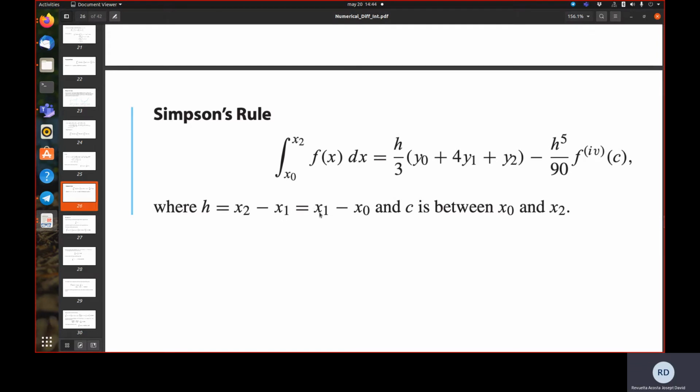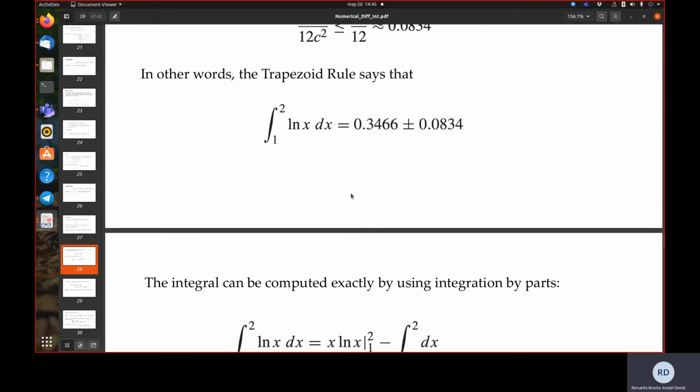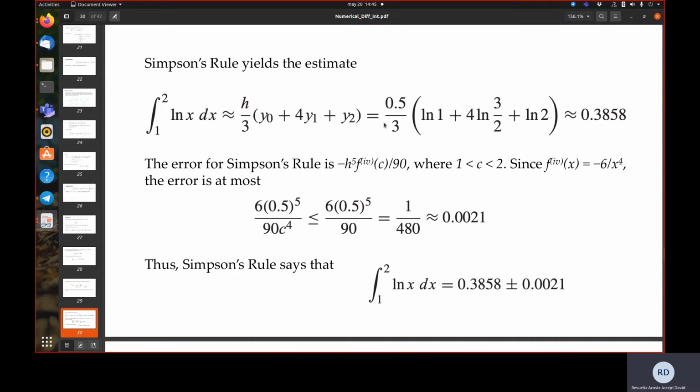And the same for this one: x1 minus x0, with x0 equal to 1, is 1.5 minus 1, which is 0.5. So we're just solving for the h value, so h for this second case is equal to 0.5. And then this is going to be divided by 3.